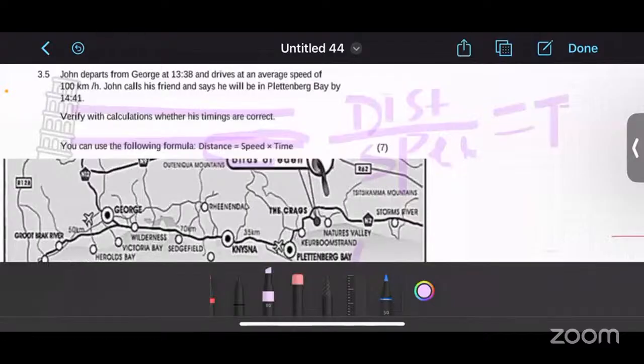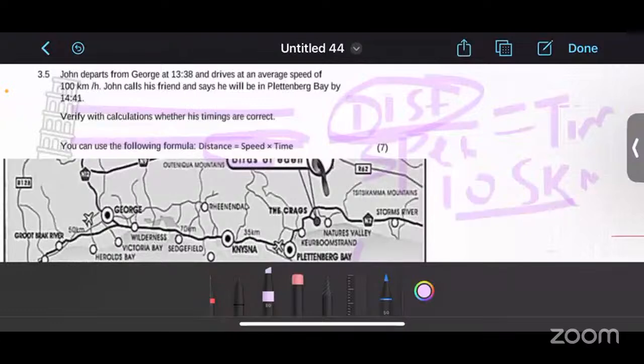So we divide 105 kilometers by the speed, which is 100 kilometers per hour.